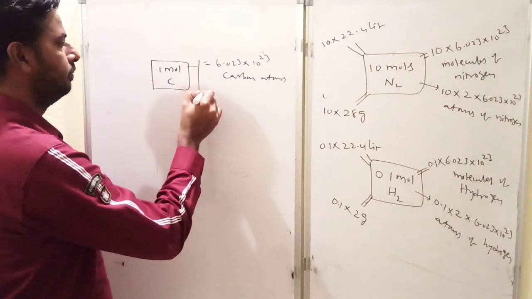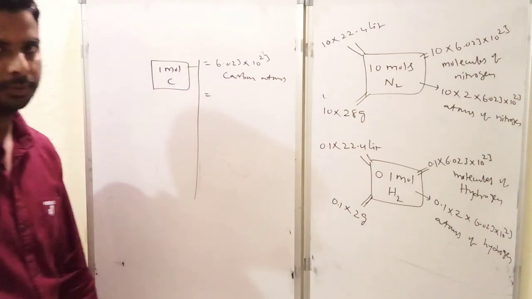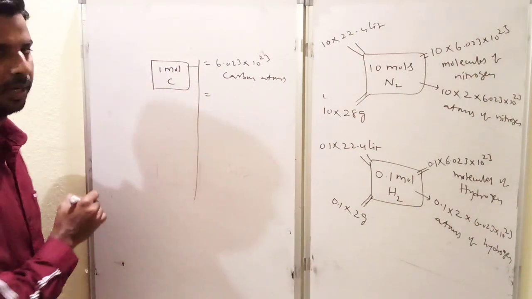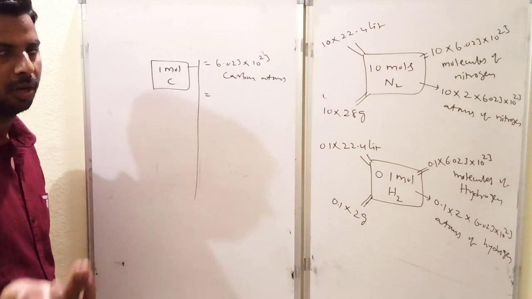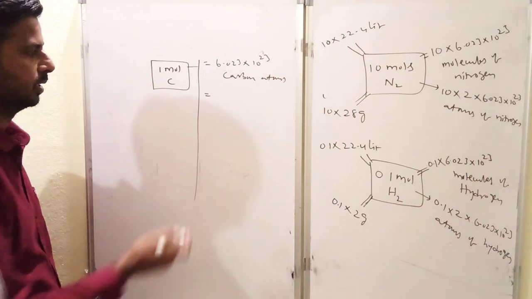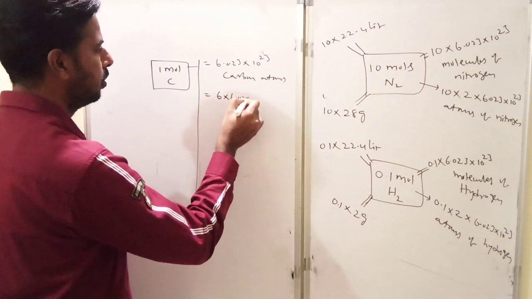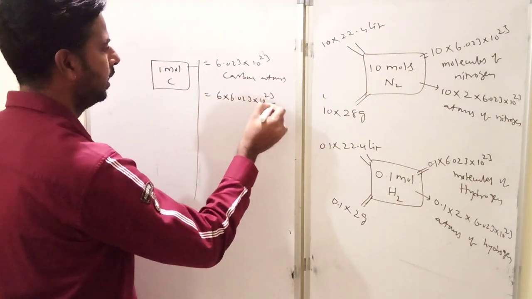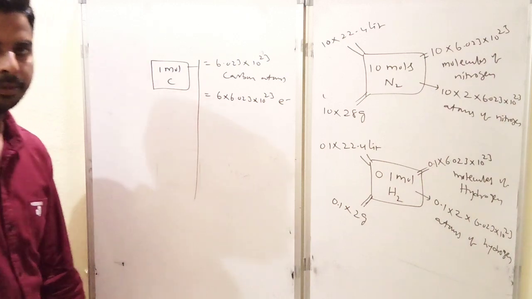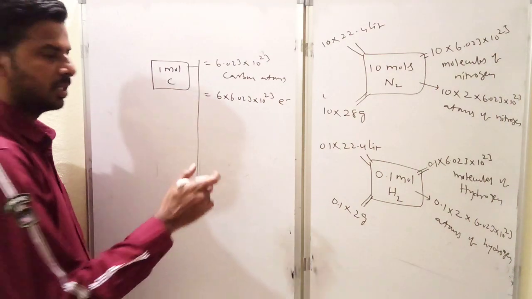In carbon, how many electrons are there? Yes, 6 electrons, because its atomic number is 6, proton number also 6, electron number also 6. So what you get here: 6 into 6.023 into 10 power 23 electrons are present. How many protons are present?